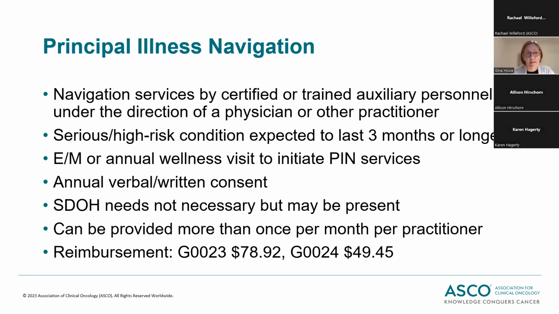They do not necessarily have an outside social issue. This can be provided more than once per month per practitioner, and then the reimbursement is $78.92 for the first 60 minutes, and then the following 30 minutes is $49.45.